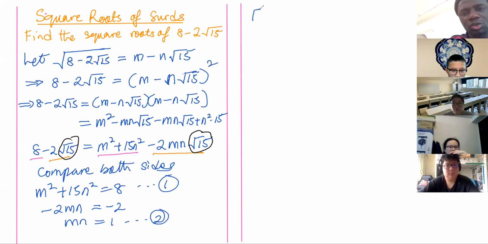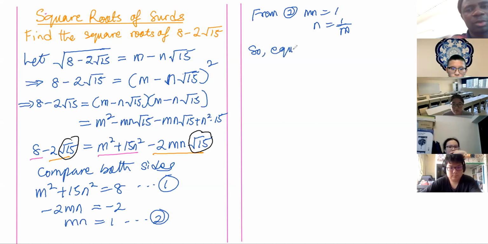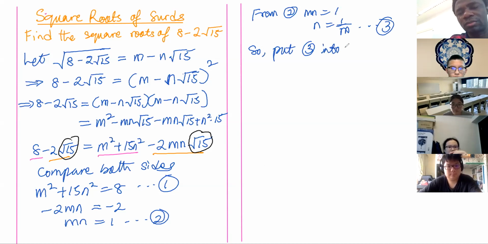So from equation 2, which is mn is equal to 1, it means n is equal to 1 over m. Maybe I call this 3. I'm sure you know the substitution method. Put 3 into equation 1.